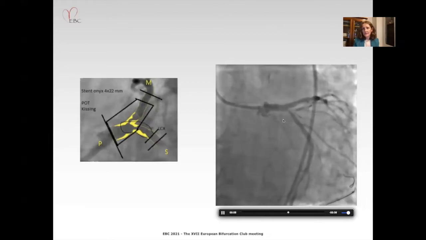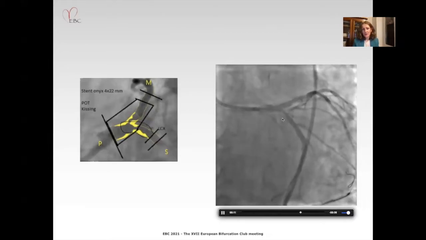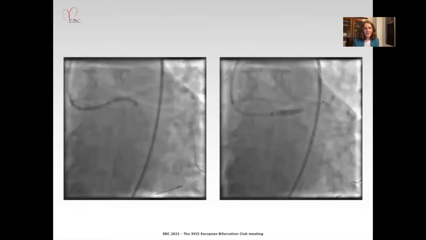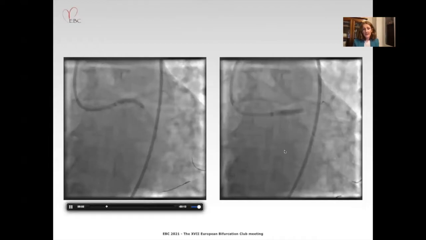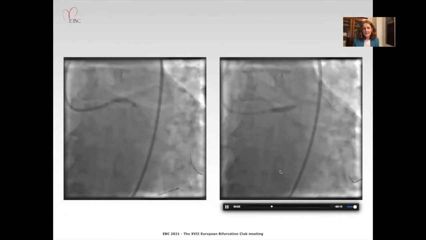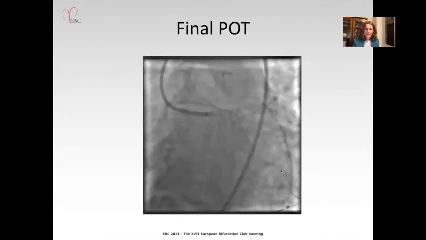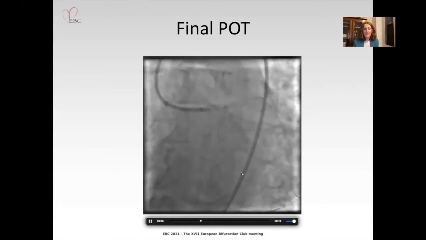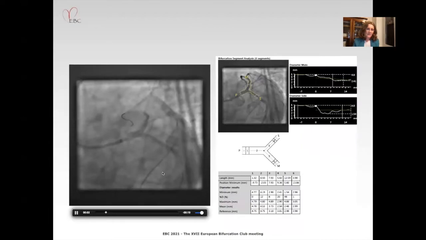There's significant stenosis angiographically here, and that was treated with sequential balloon inflation, first towards the circumflex and then towards the LAD. Following this, a final POT was performed. And we can see the results of the angiogram after this in the final images here.